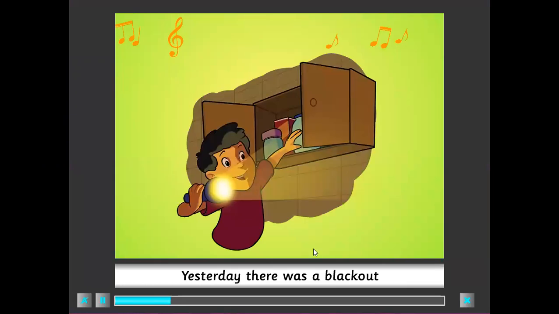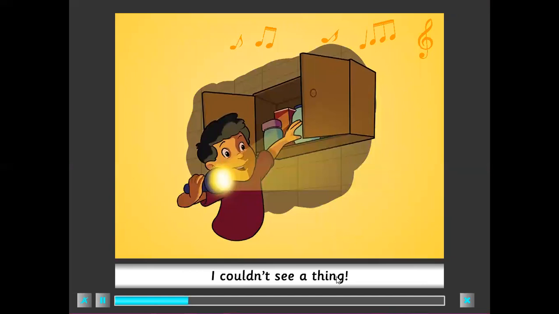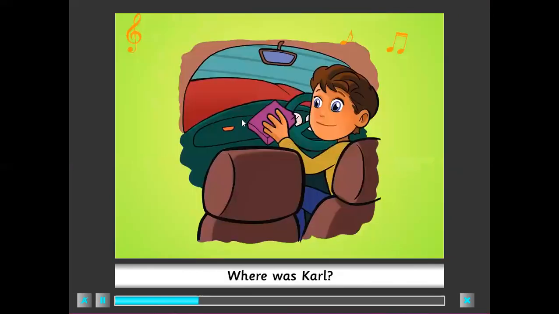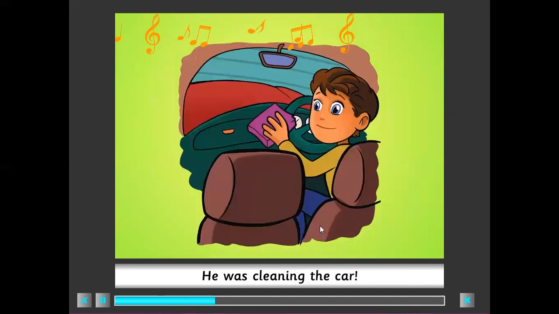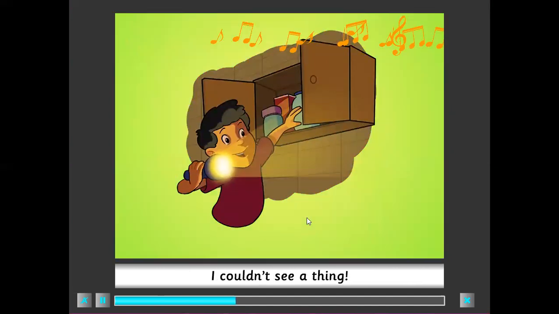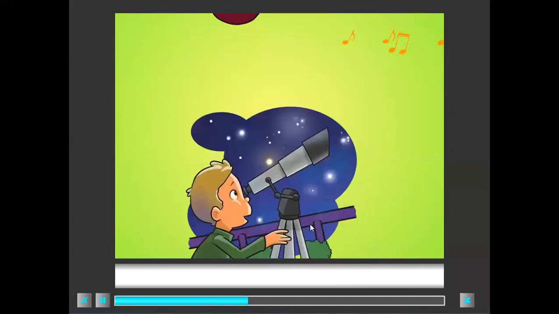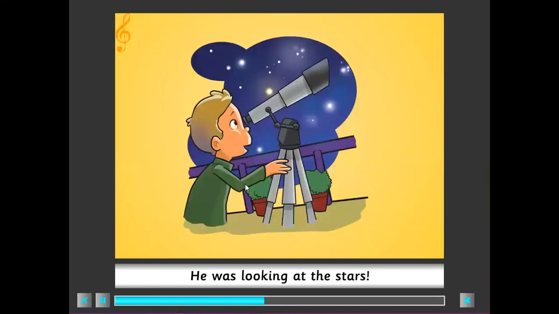Yesterday there was a blackout. I couldn't see a thing. Where was Carl? He was in the garage. He was cleaning the car. Yesterday there was a blackout. I couldn't see a thing. Where was Carl? He was in the garage, looking at the stars.